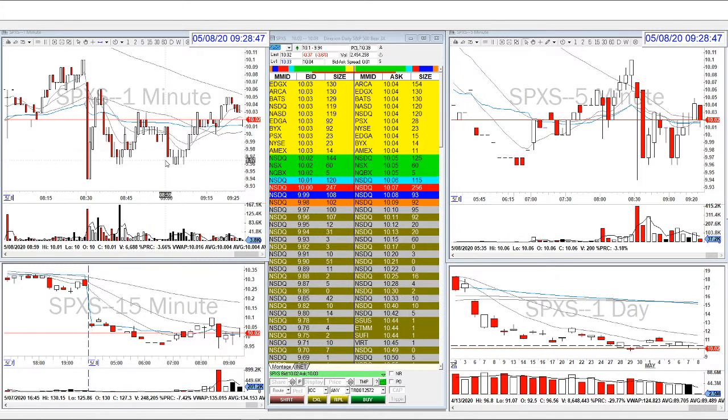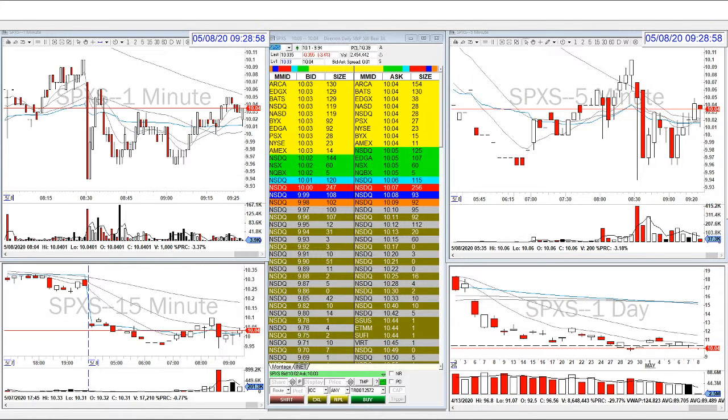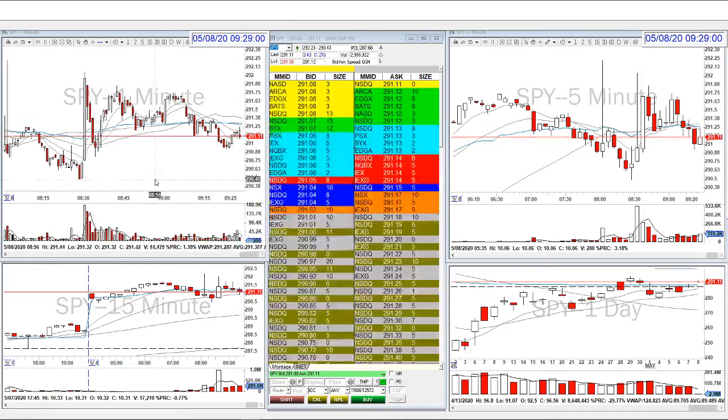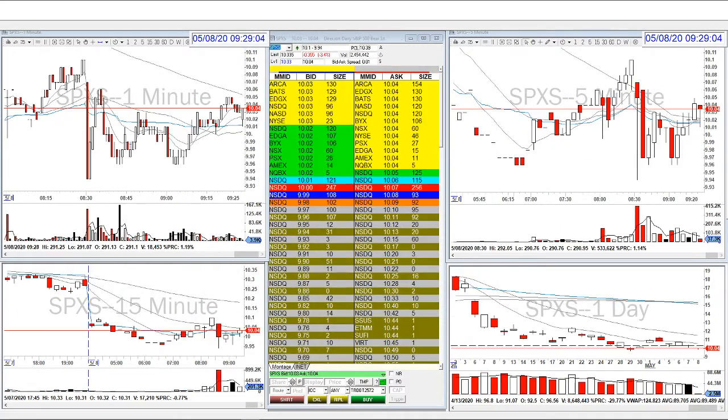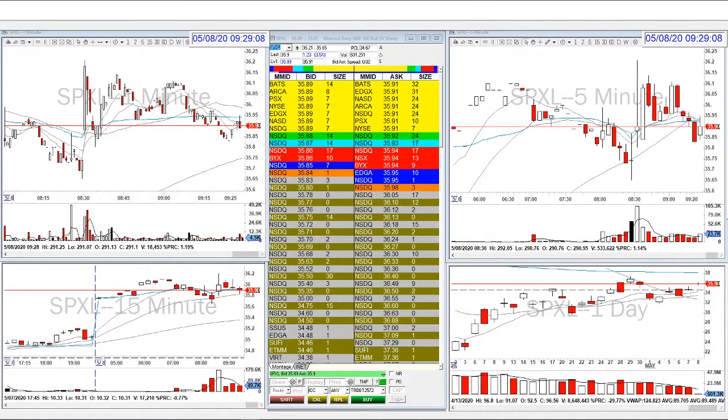So if you think that the S&P 500 is going to be weak, you can buy SPXS instead of shorting SPXL, right? Hope I didn't confuse everyone too much.